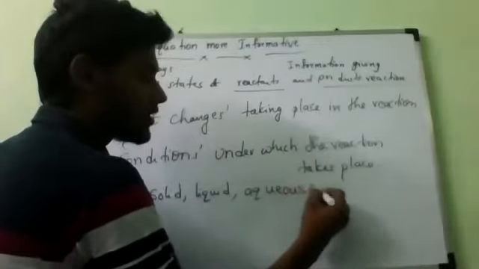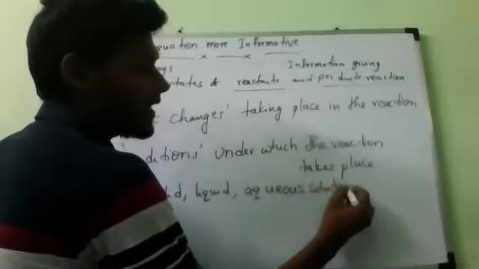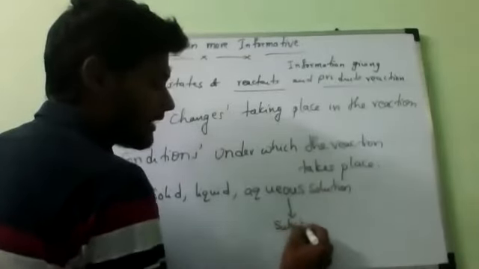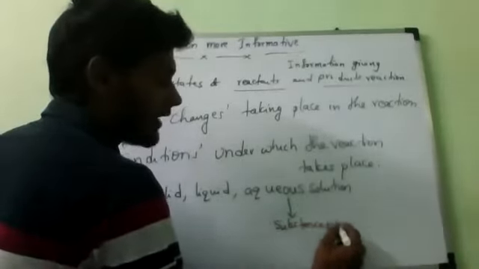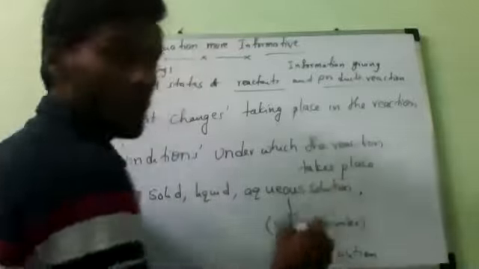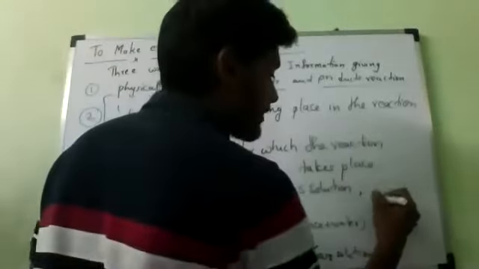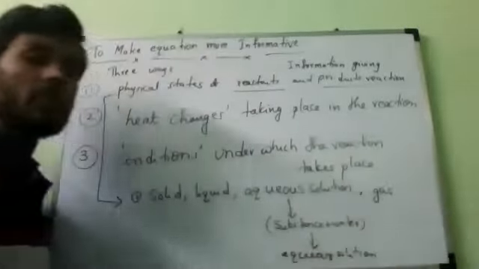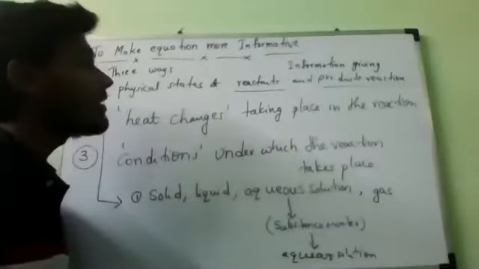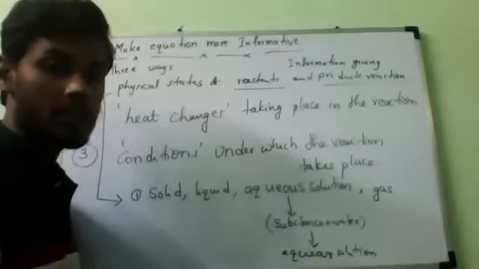Aqueous solution means any substance dissolved in water. Understood? And the last one is gas. So these are the four physical states of reactants and products. Is there any doubt, anyone?